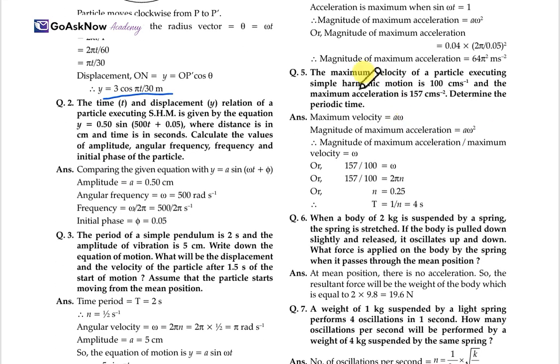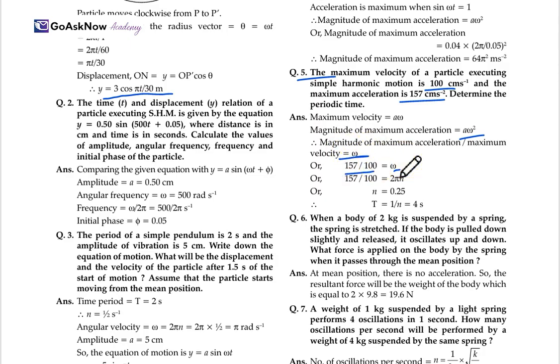Now, the maximum velocity of a particle executing simple harmonic motion is 100 centimeters per second, and the maximum acceleration is also given. Determine the periodic time. Firstly, the maximum velocity is A omega and the magnitude of the maximum acceleration is A omega square. So omega will be 157 upon 100.